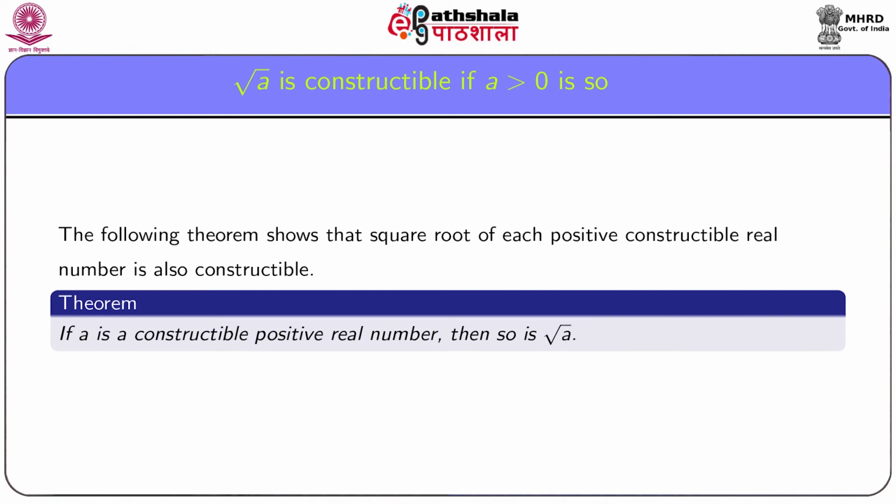Recall that I have already proved root 2 is constructible. Now I show that if A is a constructible positive real number, then root over A is also a constructible real number.